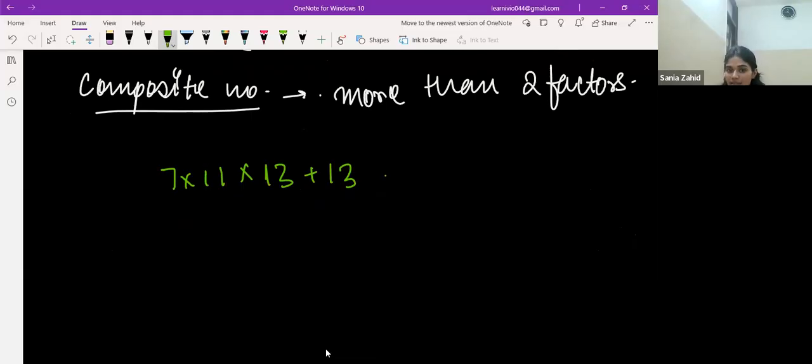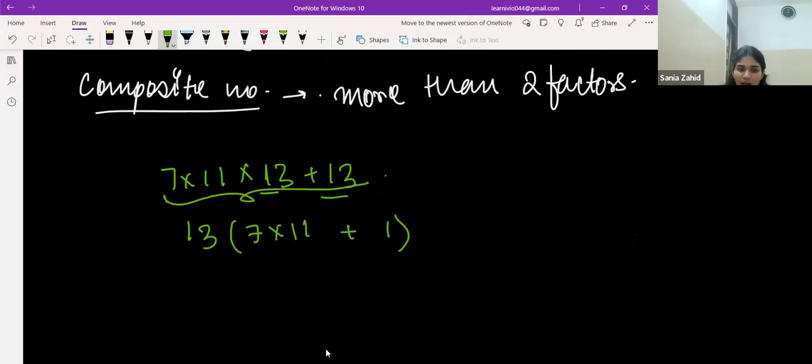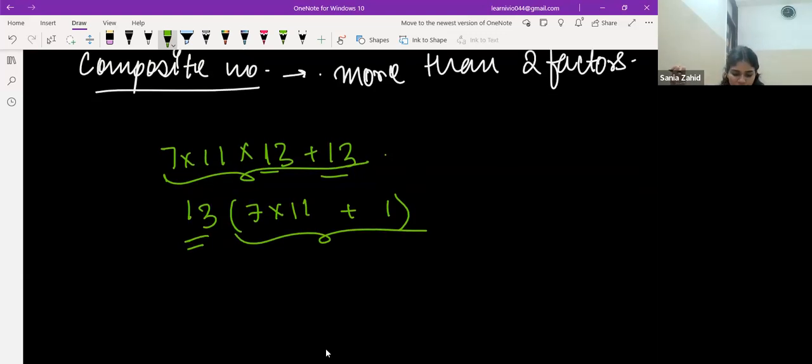Basically, can I take 13 as common? So, what is left? 7 into 11 plus 1 is left inside the bracket. So that means I get to know the factors of this number are 13 and this number, right? So that means it has two factors.